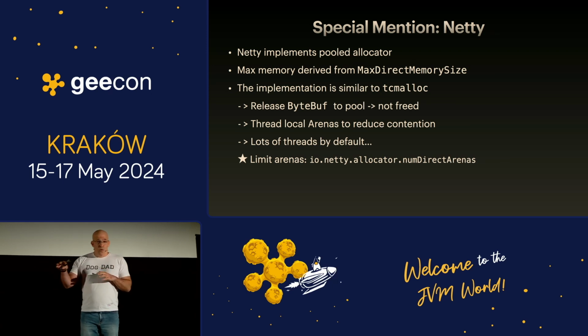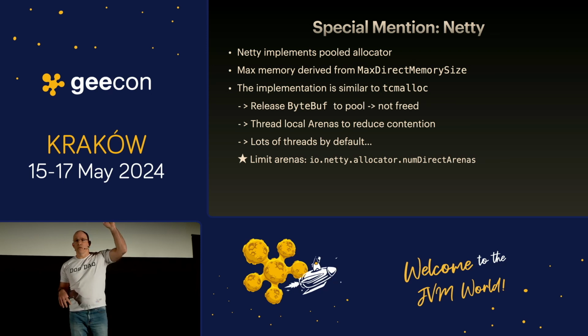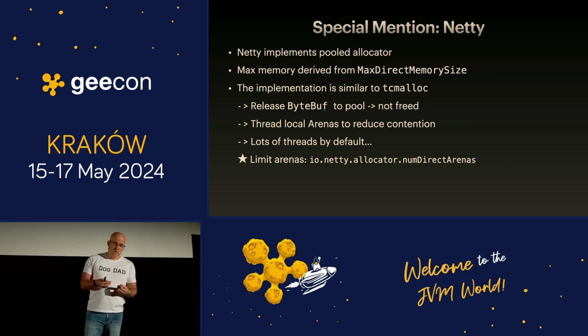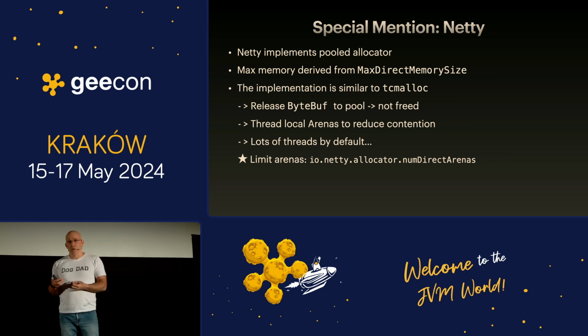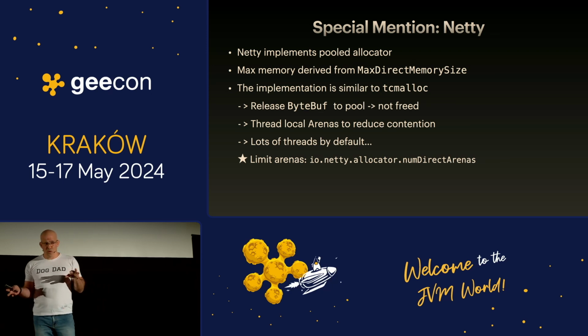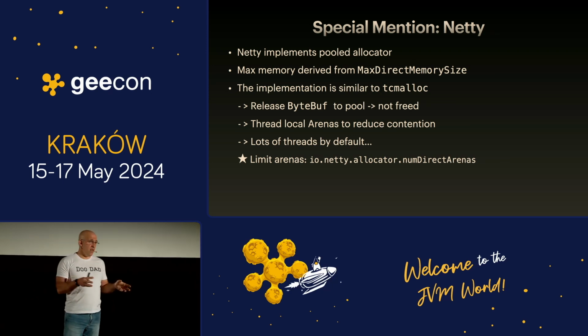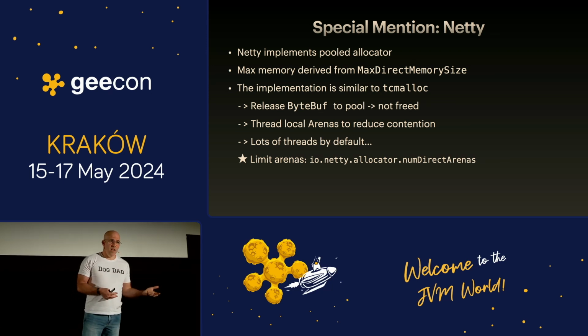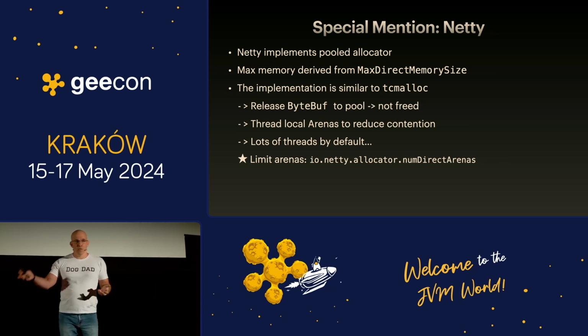And because you're using Netty, does anybody set the number of threads Netty uses on the command line or otherwise? Nobody does. Because if you have Netty, by default it will allocate as many threads as you have cores times 2, and then if you have 5 shades of Netty in your application, then you multiply that by 5, and they all have their own memory arenas, and it's awesome.